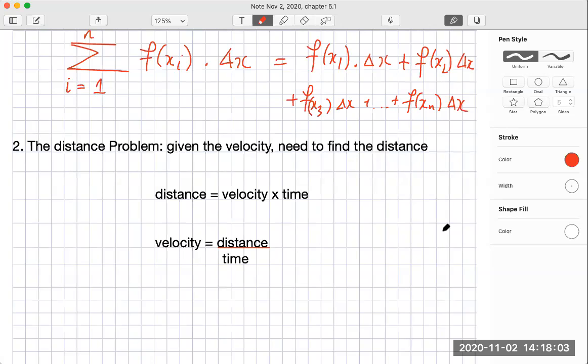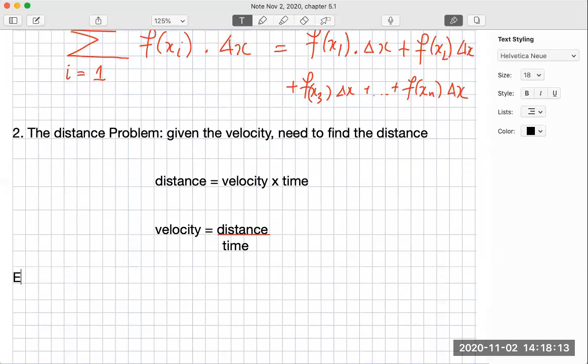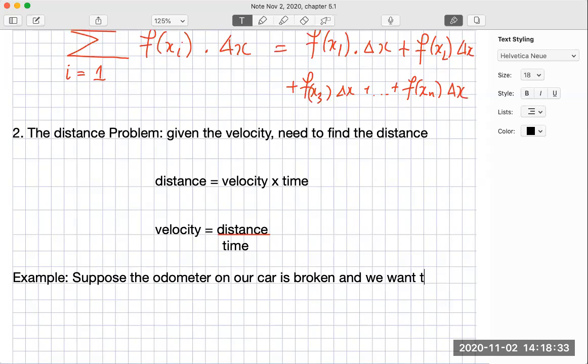So let us consider this example. Suppose the odometer on our car is broken, and we want to estimate the distance driven over a 30-second time interval.